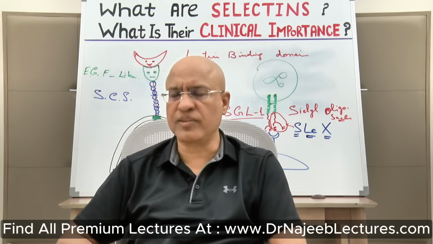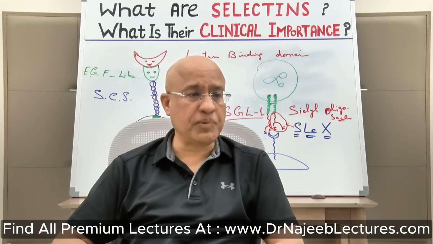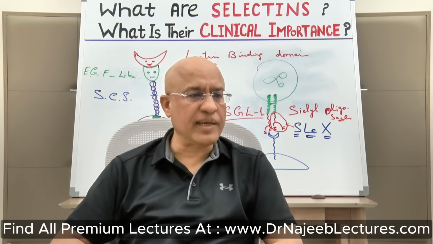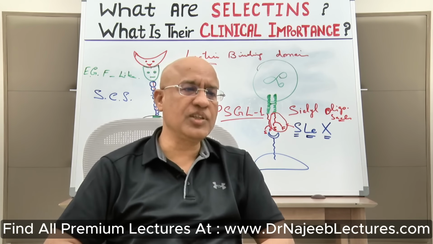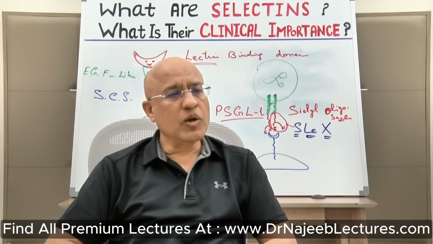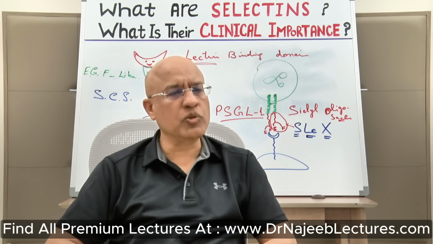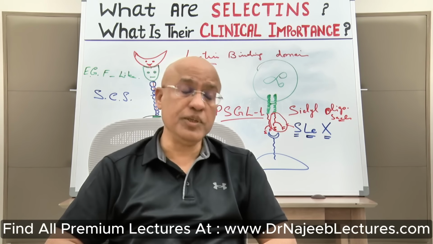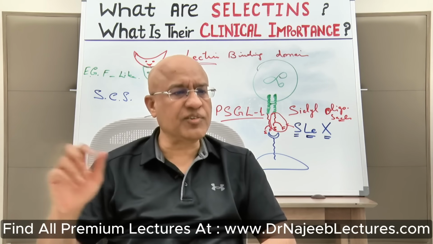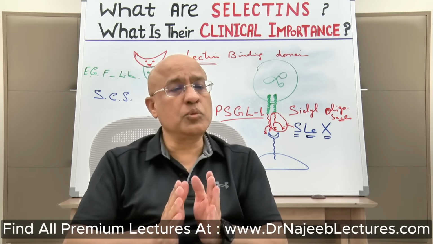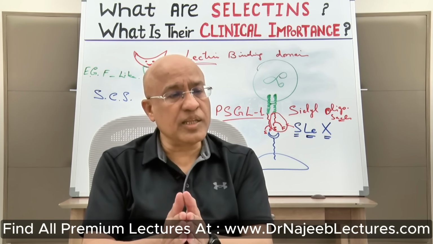Remember, normally endothelial cells are flat, right? These cells express the receptors, rather counter receptors or ligands, for the L-selectins. So when lymphocytes reach there, they bind with the endothelium of high endothelial venules. They bind there, and then eventually they extravasate, they go into the follicular area of the lymph node.